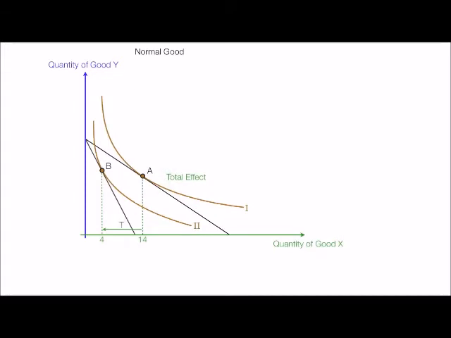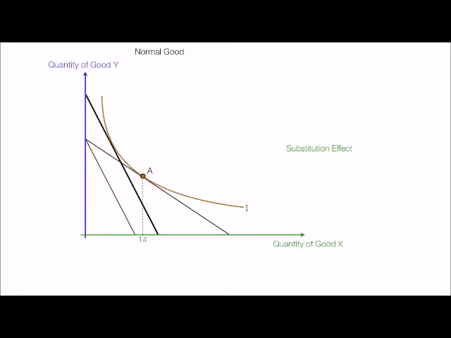I'll label that T. Like before, I'm going to take the total effect and show you the substitution effect and the income effect. So the substitution effect, I do the same thing. I take the new budget line and move it out parallel to the new line. So it's parallel until it's just tangent to the first indifference curve.